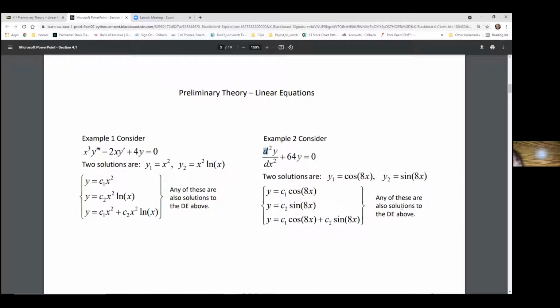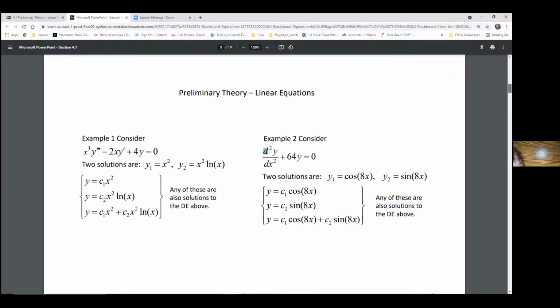So therefore, what we're saying is that any of these are also a solution to the differential equation. In other words, C1 times the cosine of 8x, C2 times the sine of 8x, and C1 times the cosine of 8x plus C2 times the sine of 8x. And the boundary conditions or initial conditions will determine what the C values are.